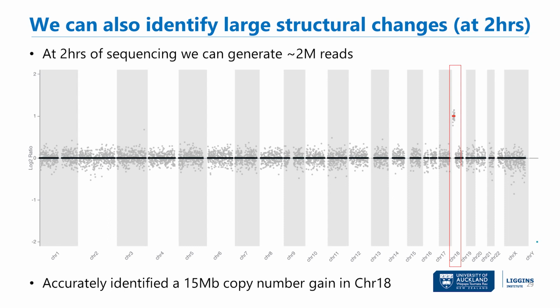And also what this plot shows is that everything within this midpoint here is 2 copies of the DNA. Importantly, we were able to identify within 2 hours this 5 megabase copy number gain, which basically means there's an addition of an extra chromosome segment here in chromosome 18, which can also, for people who know about trisomy 21.